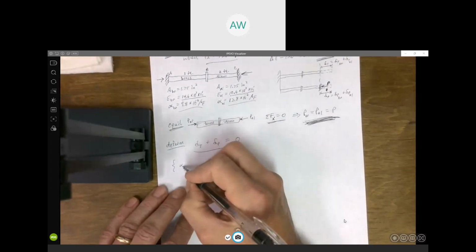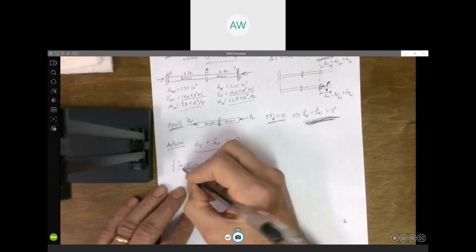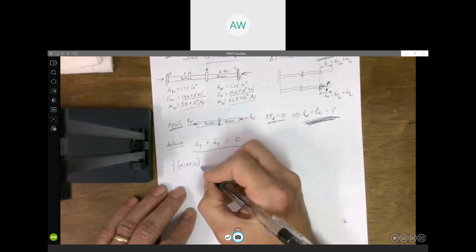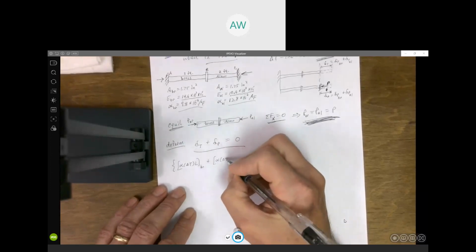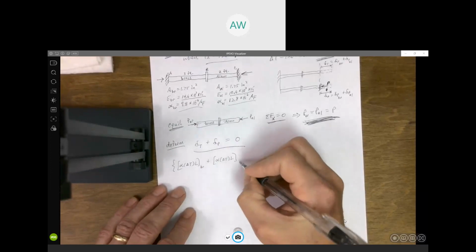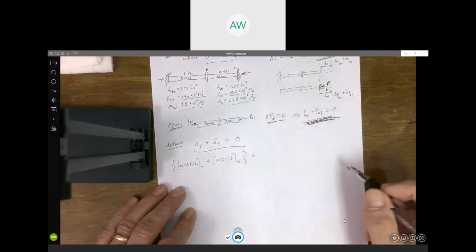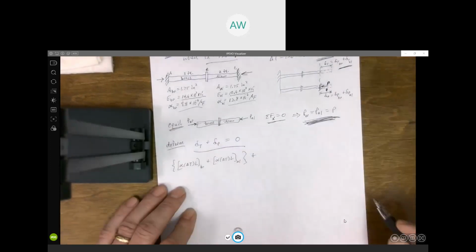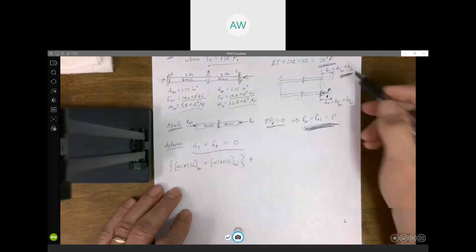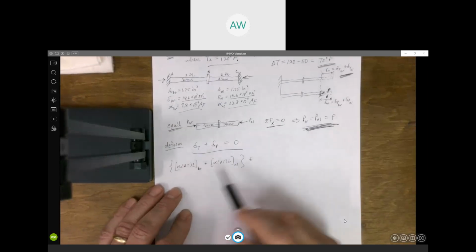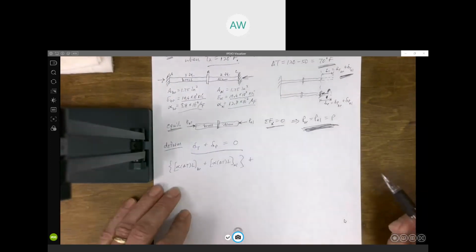So what we're going to do is, again, the deformation due to the temperature change: we're going to get alpha delta T L for the brass plus alpha delta T times L for the aluminum. Go back to what I talked about earlier, that total deformation due to temperature change. We have to break it up and add those two separately because we have different materials.